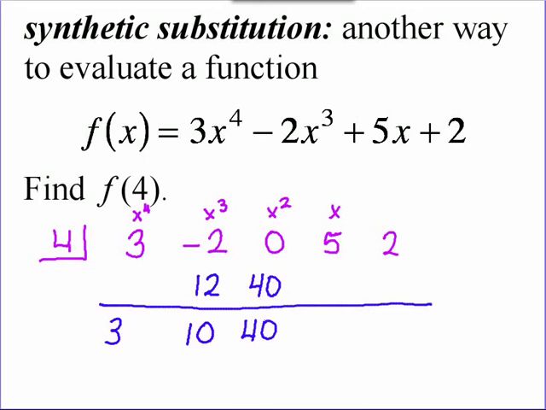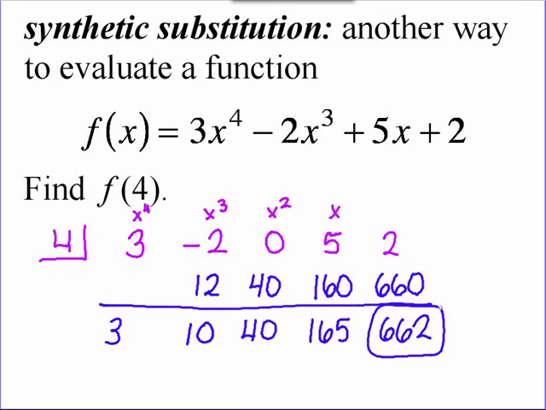Plus 5... 165. What is 165 times 4? 660. And then what do I get? 662. Wow, surprise, surprise.